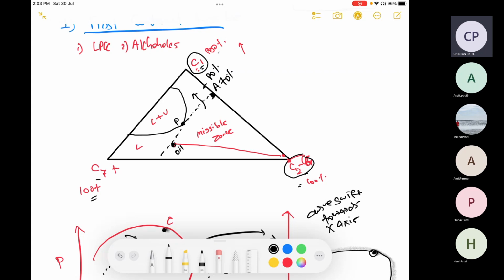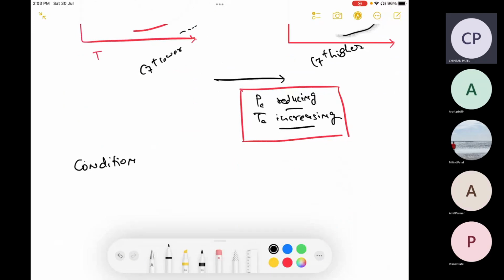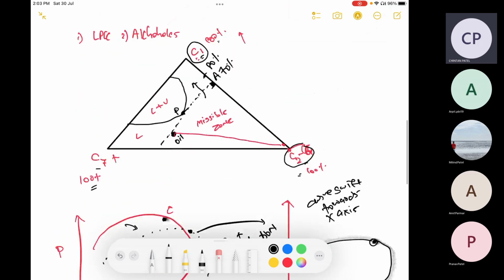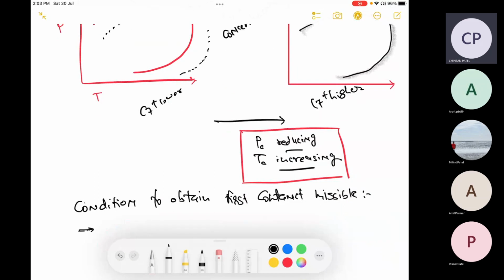So the condition to obtain first contact miscible: whatever line I'm drawing, OA, it should be a tangent line, maximum tangent to the two-phase zone.